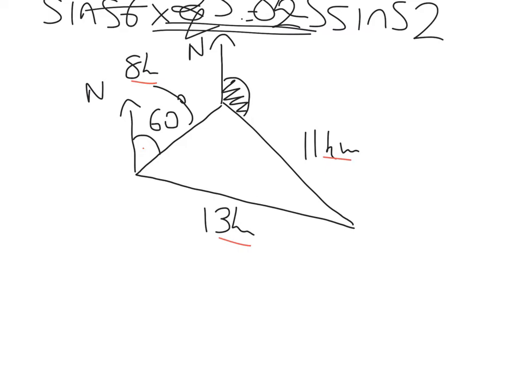So B is 8 kilometres from A in a bearing of 060. C is 11 kilometres from B, and A is 13 kilometres from C, and I'll put the letters in here, so that's A, B and C. First question says calculate the size of the angle ABC, so that's this angle in here.